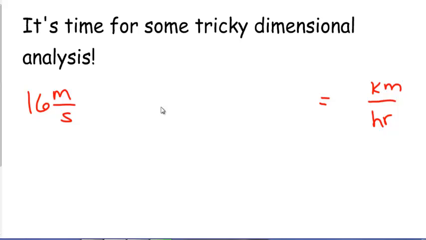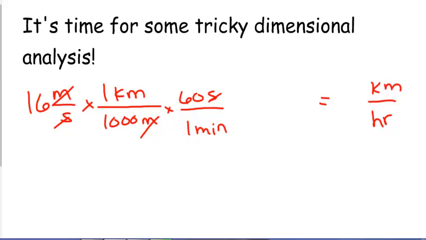Okay, let's focus on meters to kilometers first. If I put 1 kilometer over 1,000 meters, I can cancel out meters. Now I have kilometers on top and seconds on bottom. So I'm just going to keep going, and I'm going to get rid of seconds, and I'm going to get all the way to hours.